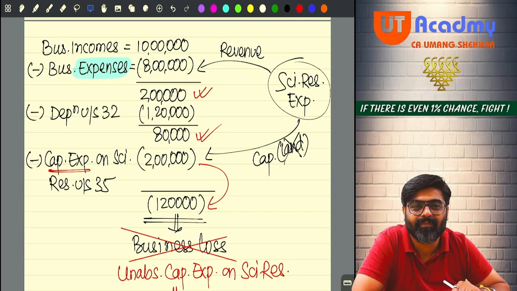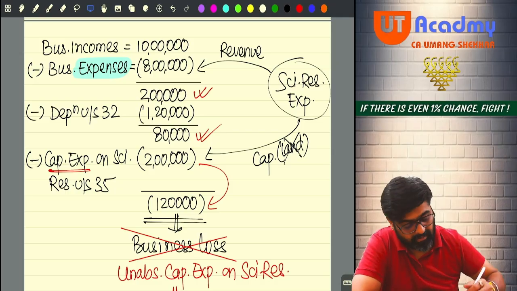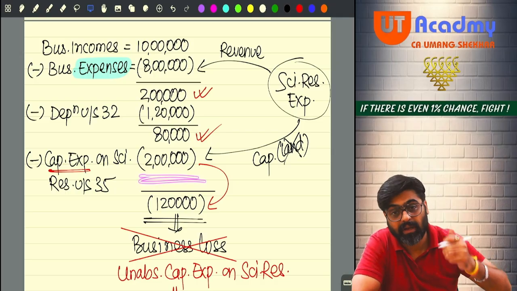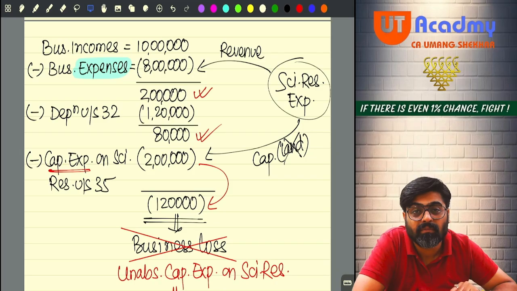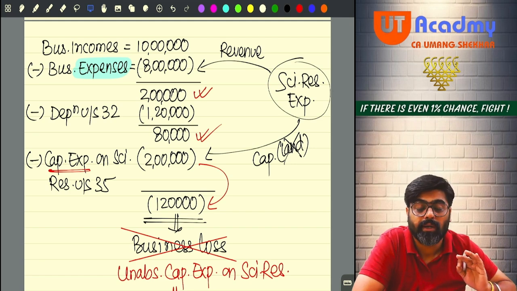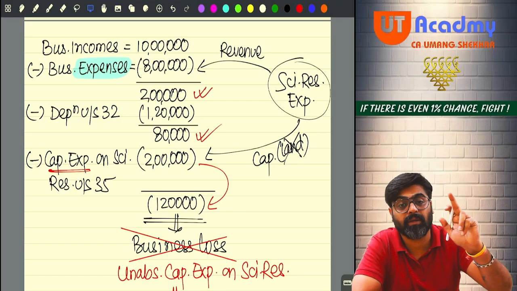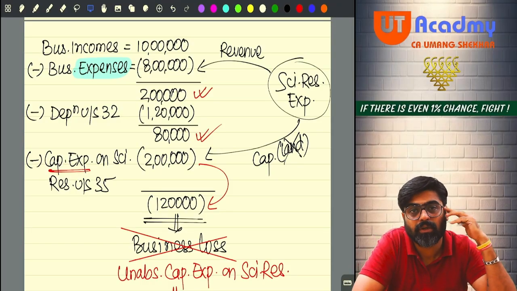Yes or no? So first unabsorbed depreciation will be there. Then after unabsorbed depreciation, there can be 2 lakh rupees of entire capital expenditure, unabsorbed also. What treatment will you give? The treatment which you are giving to unabsorbed depreciation, that same treatment you are supposed to give for unabsorbed capital expenditure on scientific research. Will you remember this much?